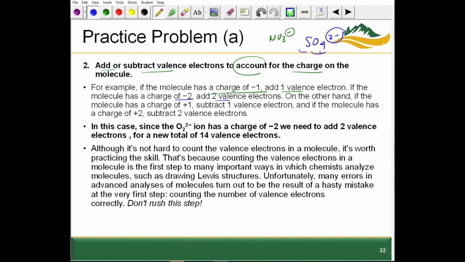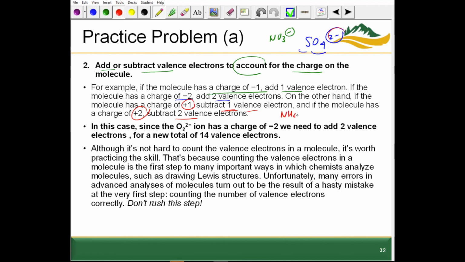So that's something like sulfate, SO4 2-: 2 additional valence electrons on top of the valence electrons from sulfur and 4 oxygens. But we don't always work with just anions, right? We can also see cations. If the molecule or ion or compound has a +1 charge, we need to subtract 1 valence electron from the total. If the molecule has a charge of +2, we need to subtract 2 valence electrons from the total.